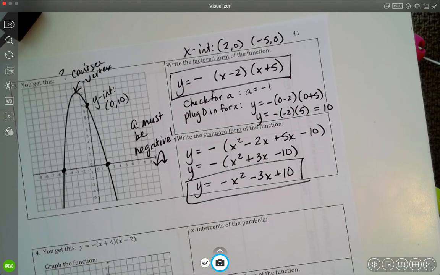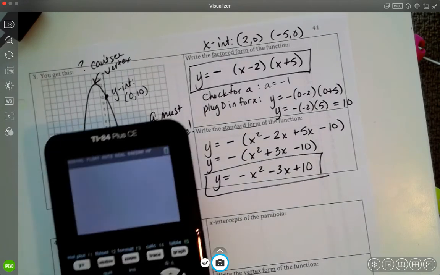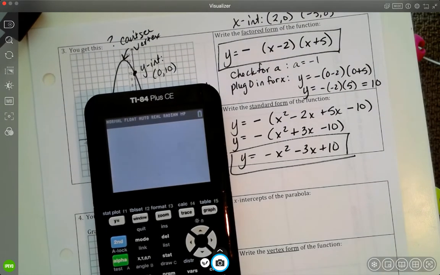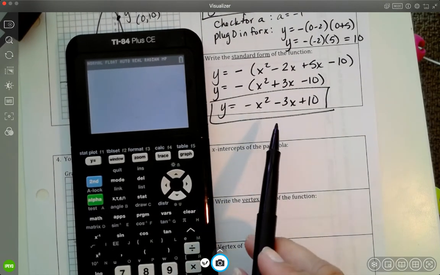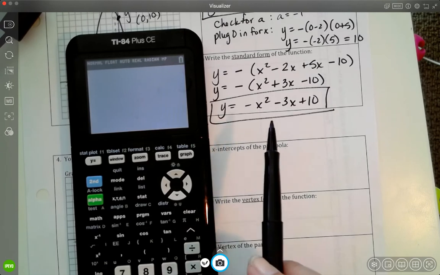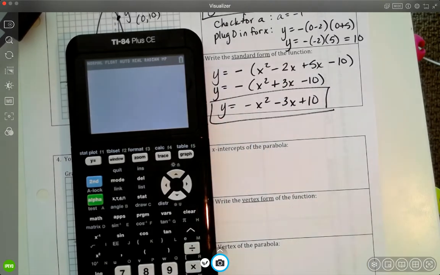So real quick, I'm just going to show you on a TI-84 how you can go ahead and check your equation to see if it's that graph. It has to be in y equals form. I can put in either form actually, but I'm going to put in this one. Okay, so I want to graph it.